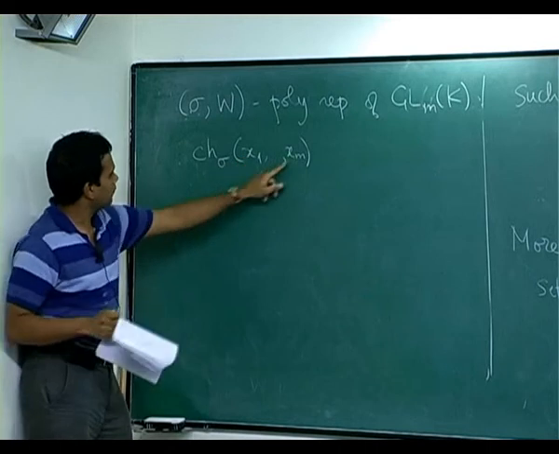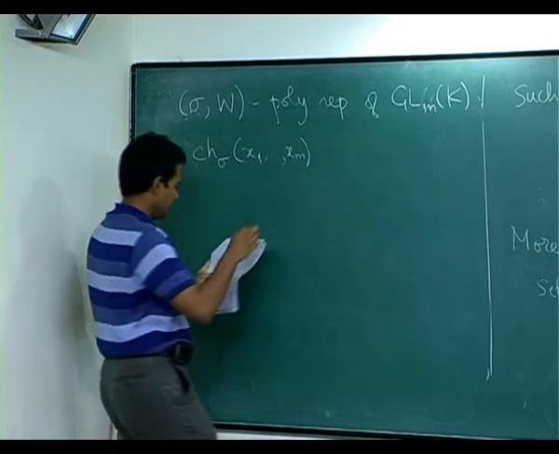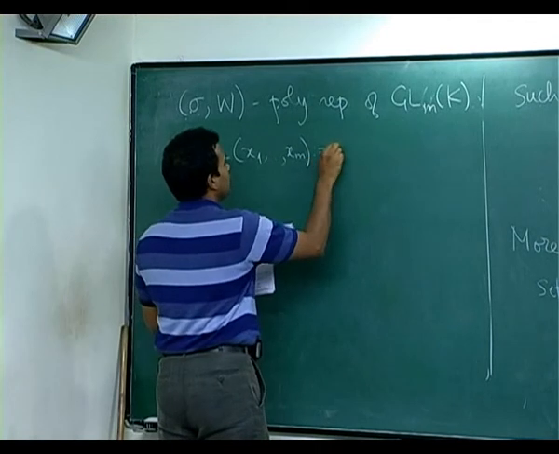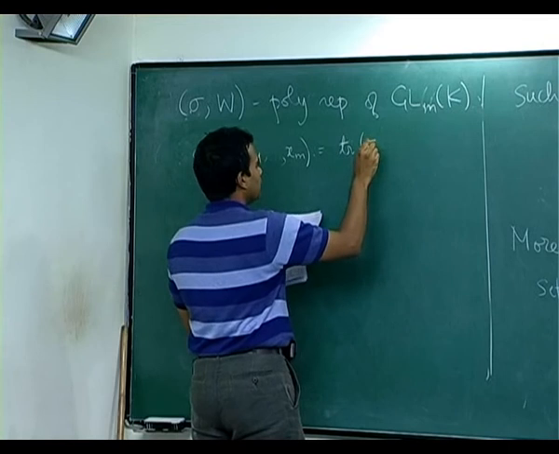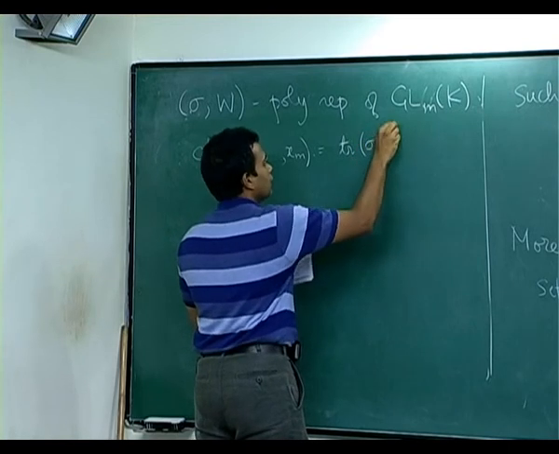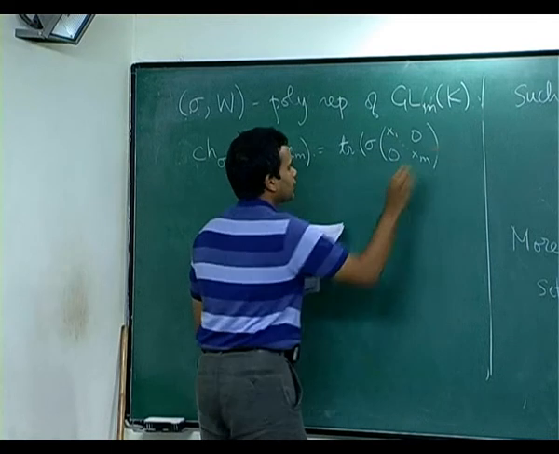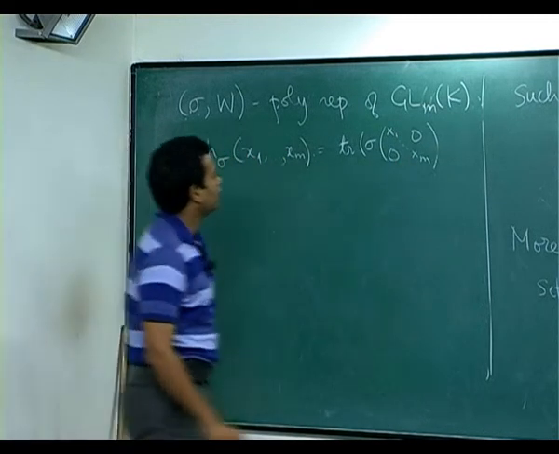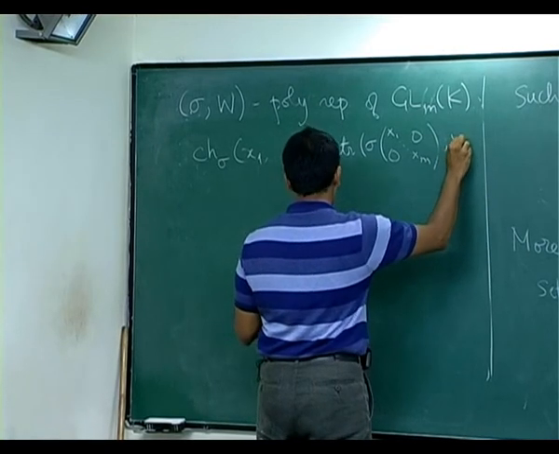That is a polynomial in variables x1 to xm, and it is just defined to be the trace of sigma of x1 to xm. Just take the diagonal matrix with diagonal entries x1 to xm and look at its trace in the vector space W.